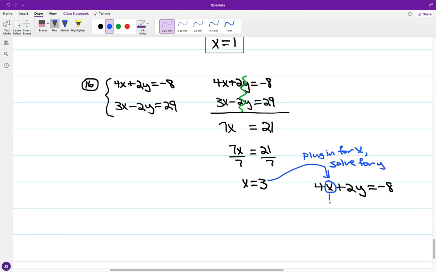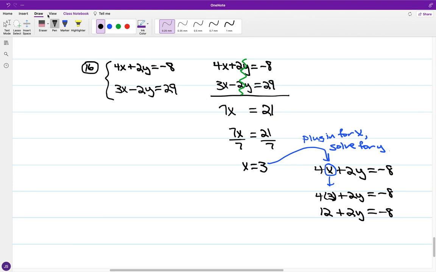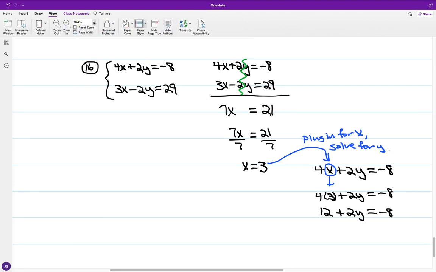I'm just plugging in for x. So we have 4 times 3, plus 2y is equal to negative 8. So we now got 12 plus 2y is equal to negative 8, and taking 12 away from both sides.